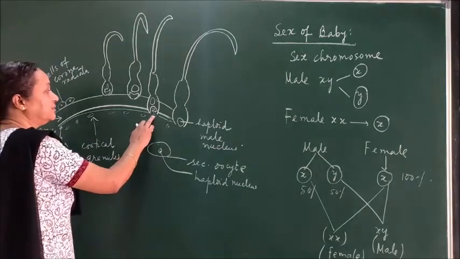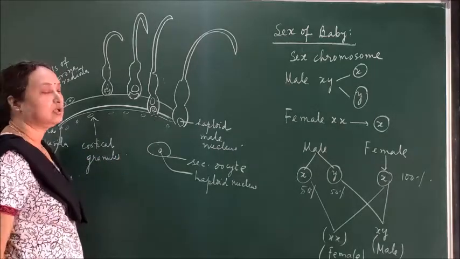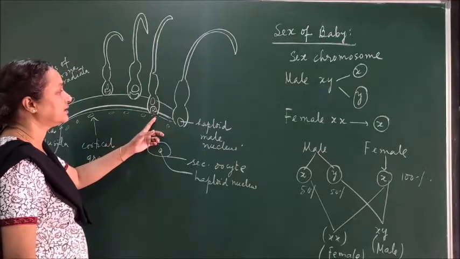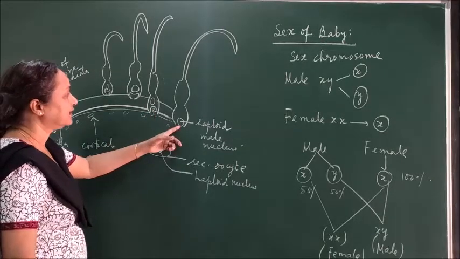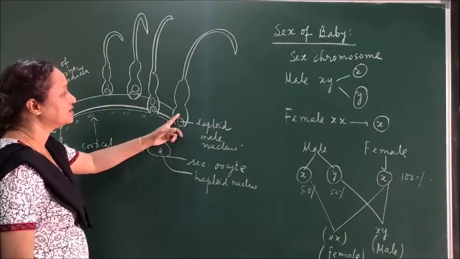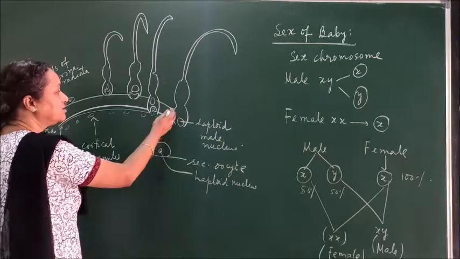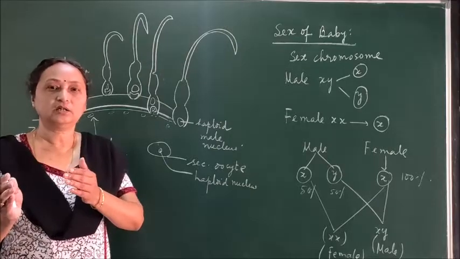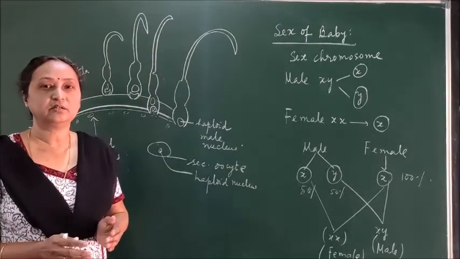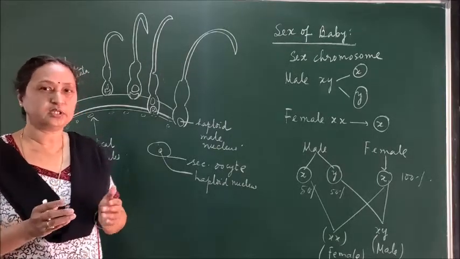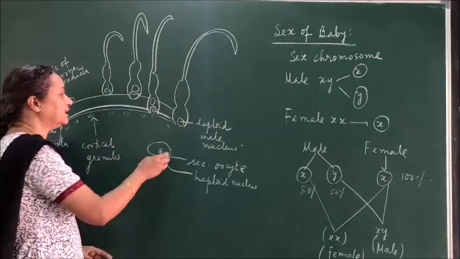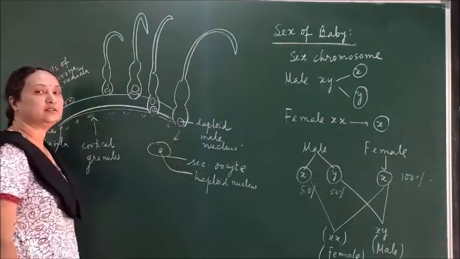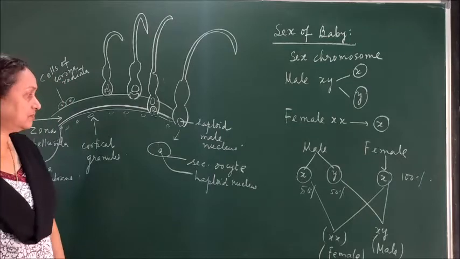Now here you see the tip of the acrosome is broken and hydrolytic enzymes are released. Then in the next stage you can find the haploid nucleus which is there in the head. When there is no barrier, the layer of the zona pellucida is also broken, and the layer of the plasma membrane of the ovum is also broken. Then the haploid nucleus will enter inside the cytoplasm of the ovum.